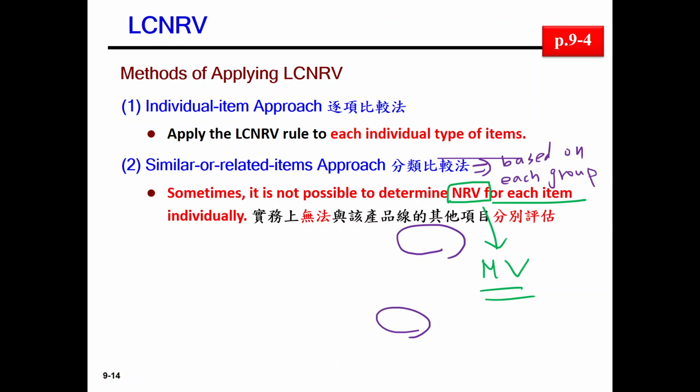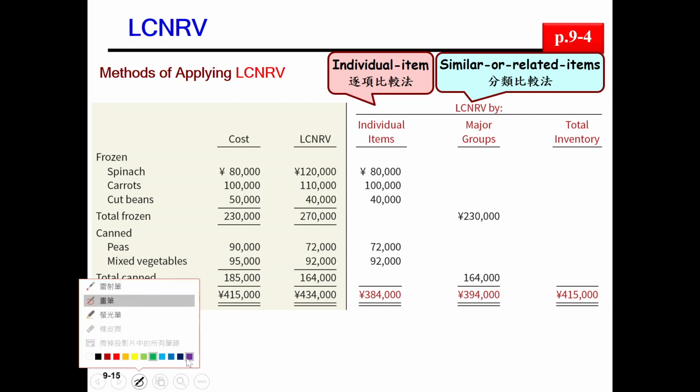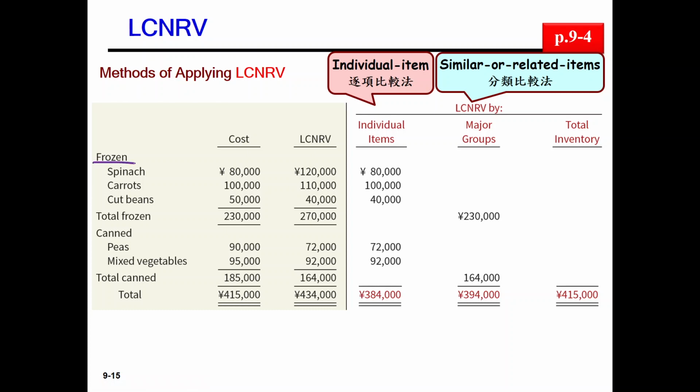So based on this, how to get LCNRV for each one? On your slide 15, we have frozen food 冷冻食品 and canned food 罐装食品, so based on different products.